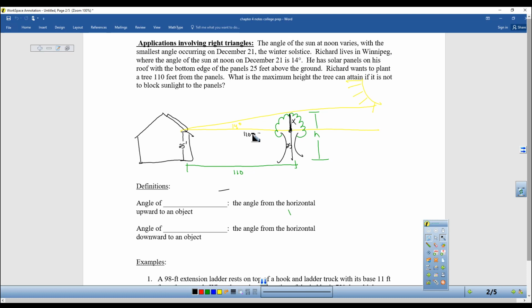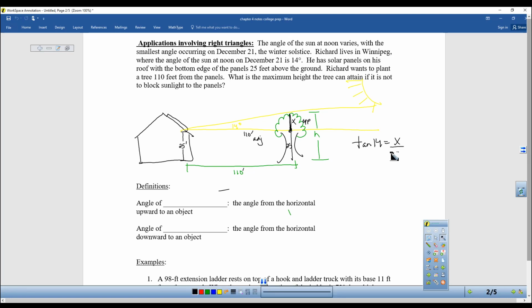So this is also 110 feet, just like it is below it. And we want to know x. So I look at it and I say, well, x is opposite the 14, and the 110 is adjacent. So I look at my list and I realize that that's tangent. So tangent of 14 is opposite over adjacent.